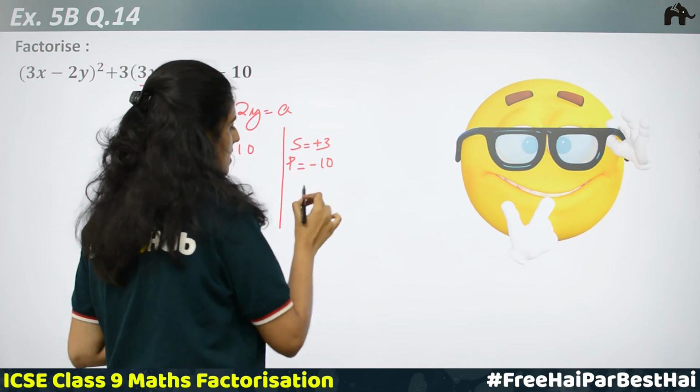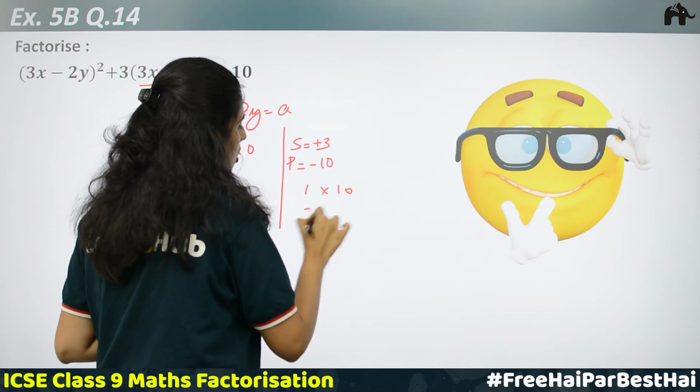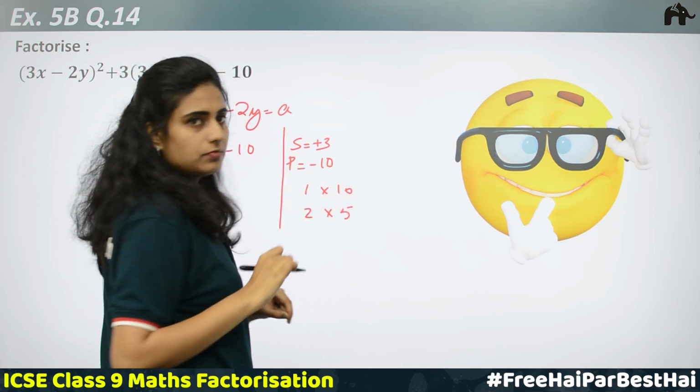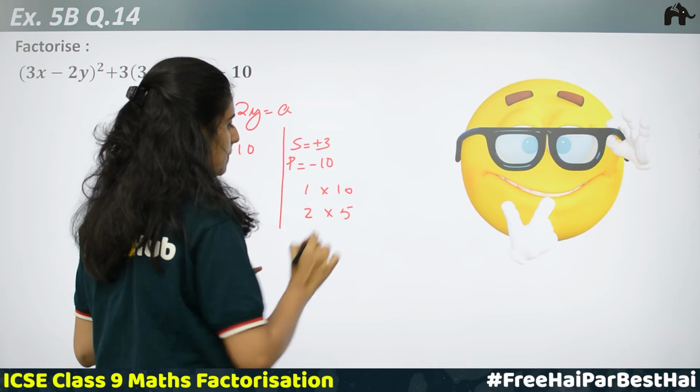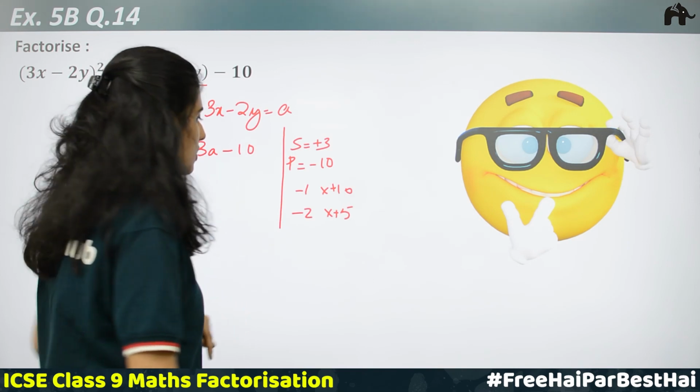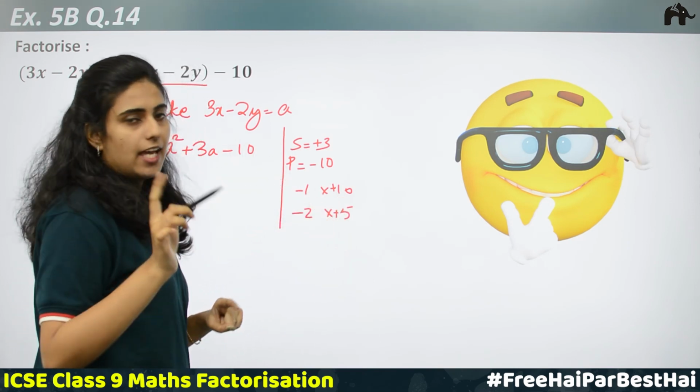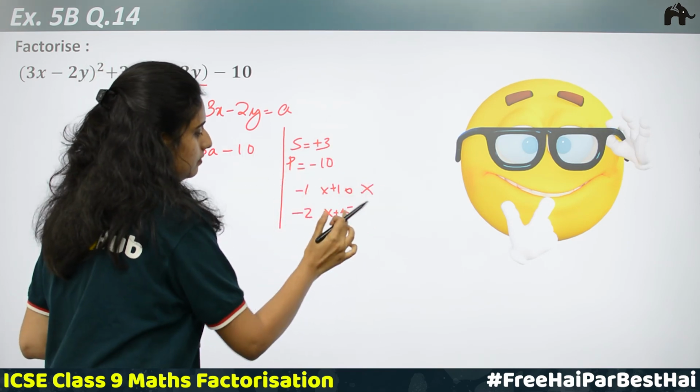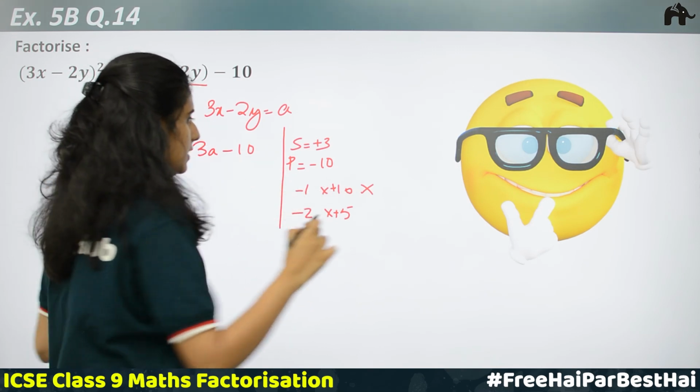Okay. So, minus 10, 1 into 10 or 2 into 5. Okay. Greater number should be positive, smaller number should be negative. Okay. So, 10 minus 1 is 9. So, not this. 5 minus 2 is 3.